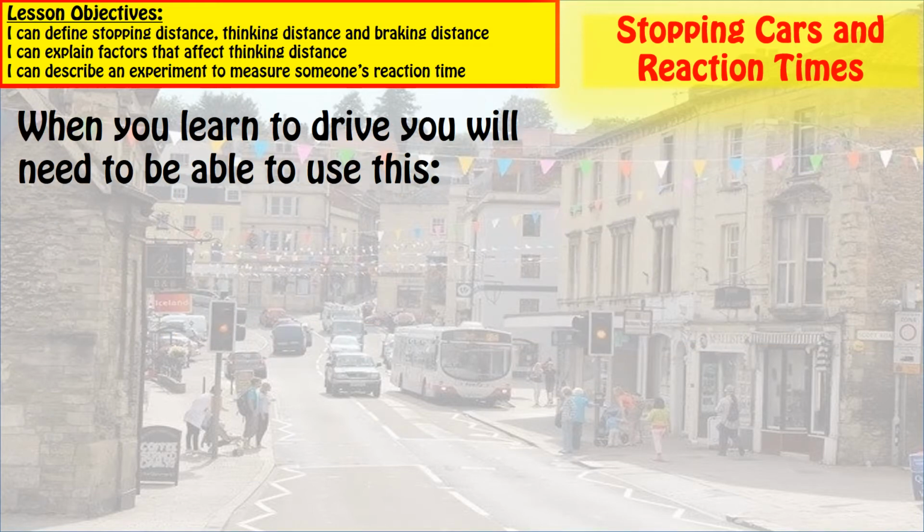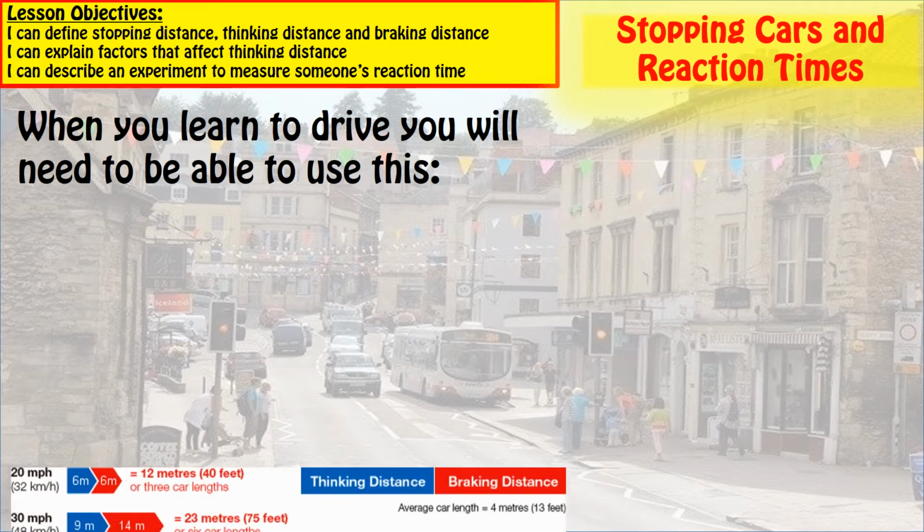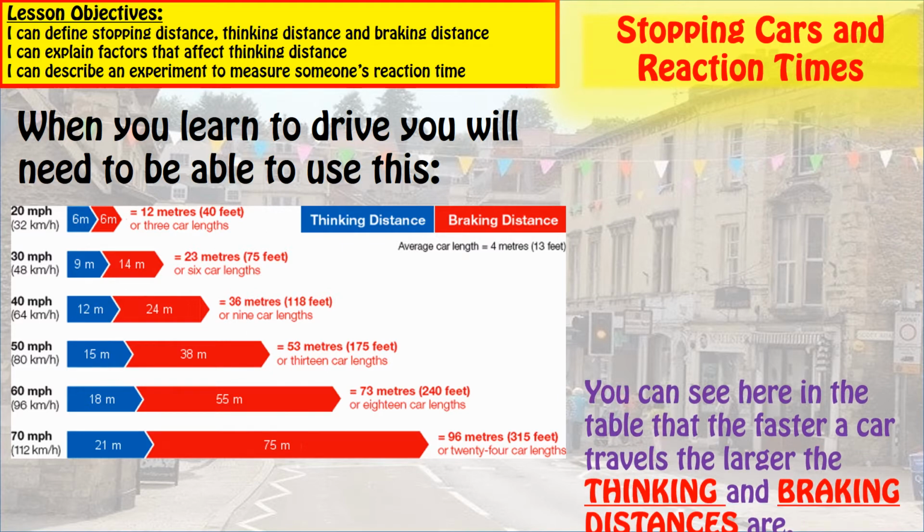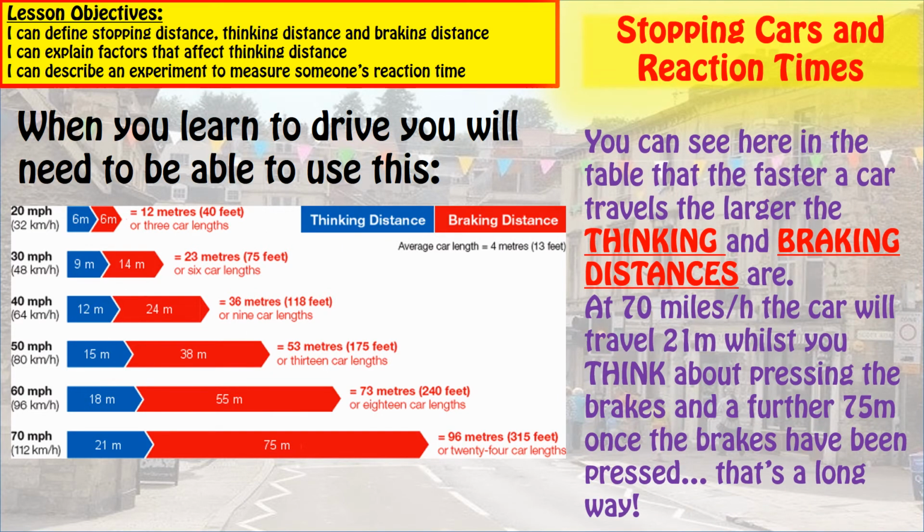In a few years' time, you're probably going to want to learn how to drive. On the theory element of your driving, you're going to have a table that looks something like this. The blue shapes represent the thinking distance, and the red arrows represent the braking distance. If we look at 70 miles per hour, you can see that the thinking distance is 21 meters.